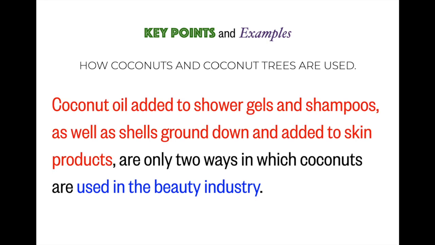Now, what if you were to write down, well, coconut oil is added to shower gels and shampoos? Would that be correct or incorrect? That would be incorrect because that's an example of how coconuts are used in the beauty industry. Therefore, the correct answer would be used in the beauty industry, and the rest of the information in that sentence is an example.